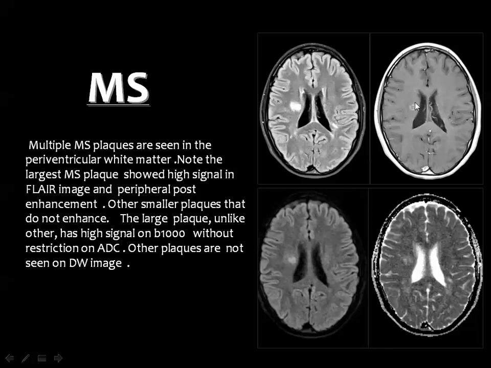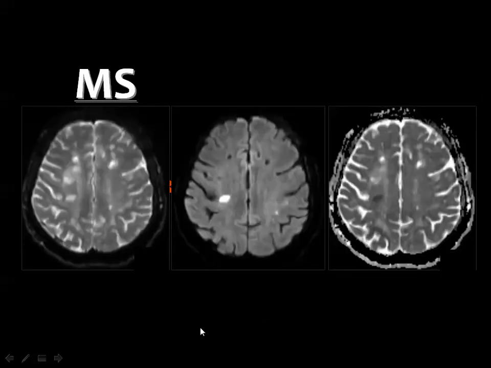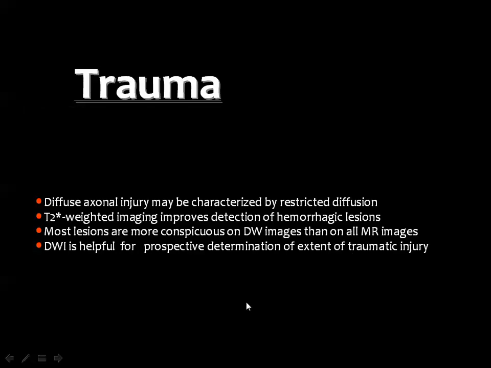It shows some enhancement after injection of contrast, and the lesion is a little bit bright in the diffusion weighted image. May suspect that there is some diffusion restriction here. And these are MS plaques, and one of them, which is the bigger one, shows diffusion restriction here, bright in the DWI and black in the ADC.